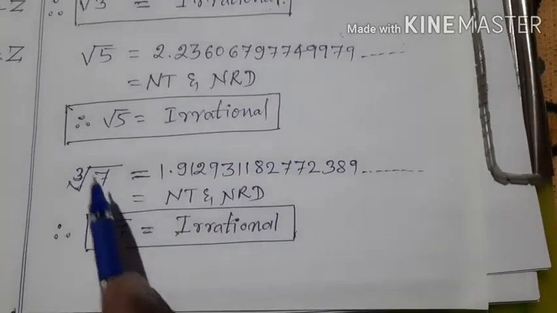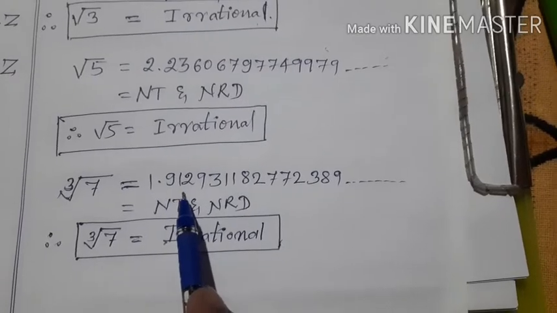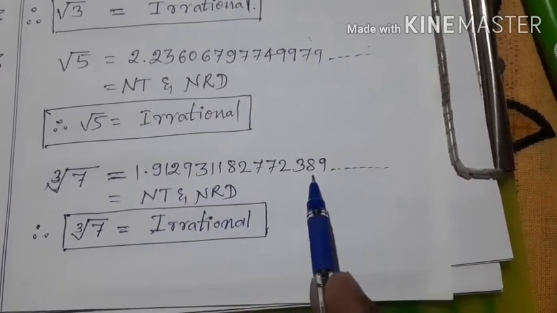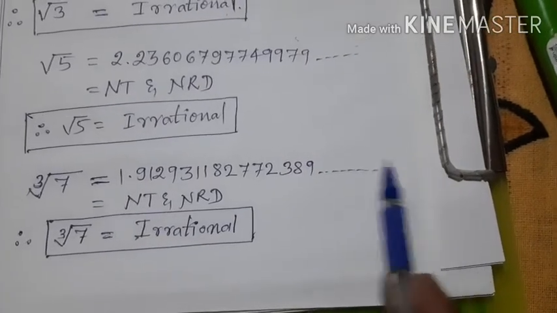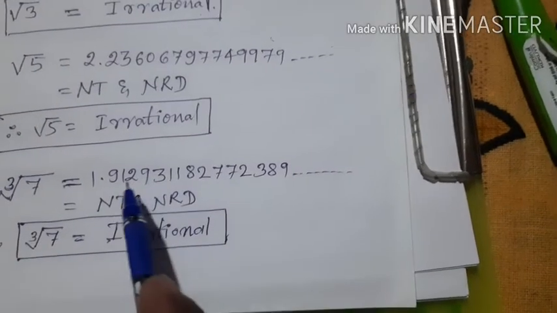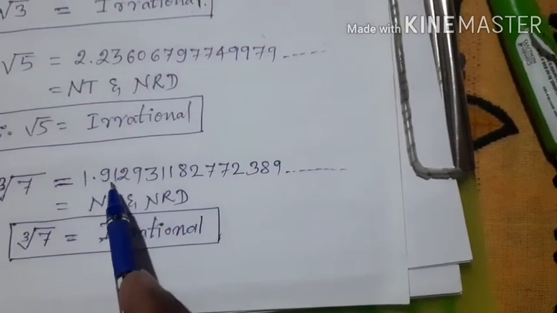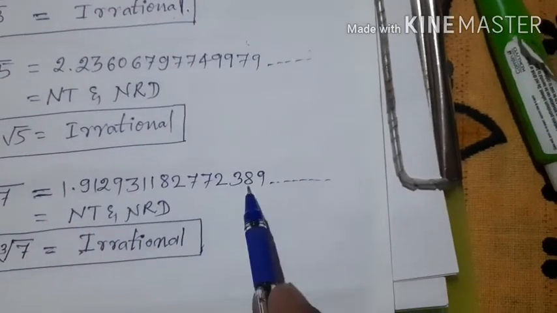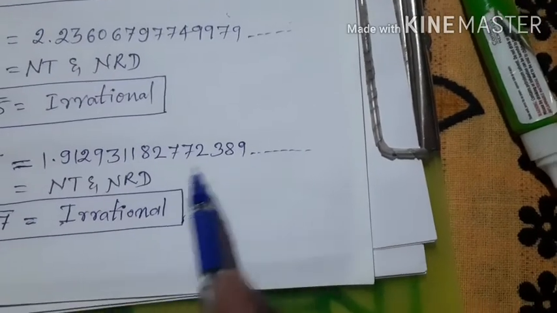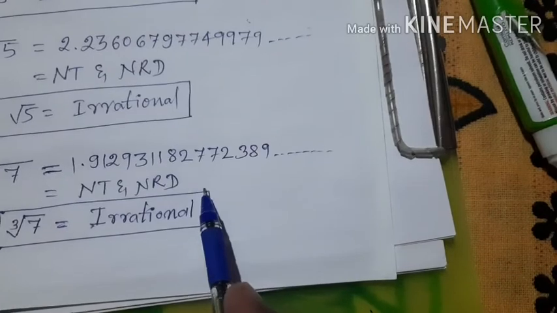And lastly, cube root of 7. Cube root of 7's value is 1.91293118277238 and so on. Here in the decimal part, the digits will not end. That's why it is a non-terminating decimal. And not a single digit or a group of 2 digits or 3 digits is repeating in the decimal part. That is why it is a non-recurring or non-repeating decimal.